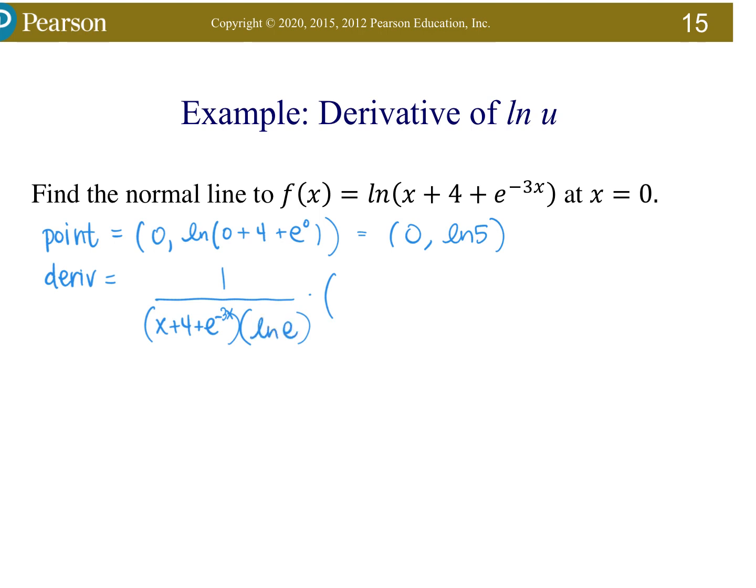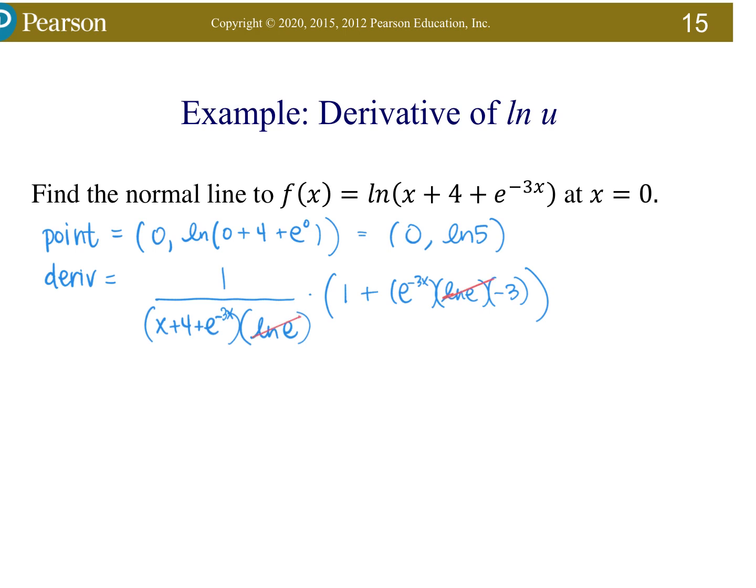Okay, and times 1 plus e to the negative 3x times natural log of e times. Awesome. Okay, great. He has all the pieces in the right spots. Good job. Okay, now we've got a couple ln's that we can make to be 1.